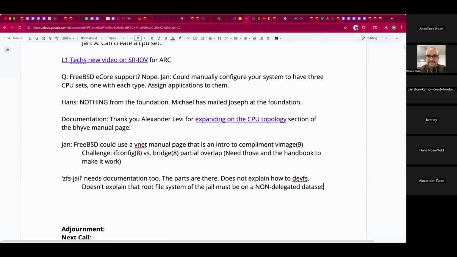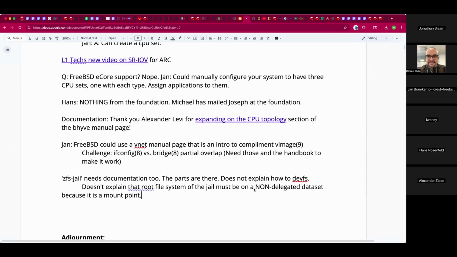Delegated as in not inheriting anything? As in delegated to a jailed data set. Some of the documentation calls setting the ZFS jail property on a data set delegating it to a jail. The root file system of the jail cannot be delegated with this utility.